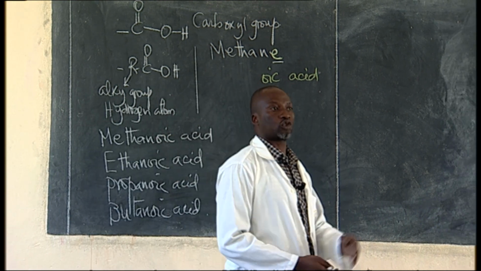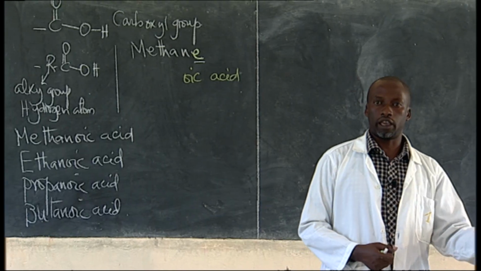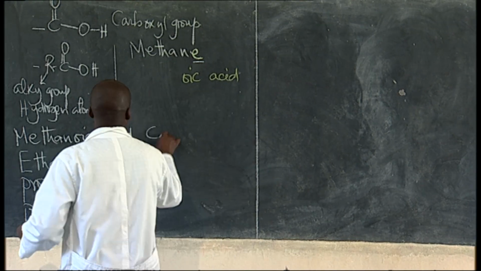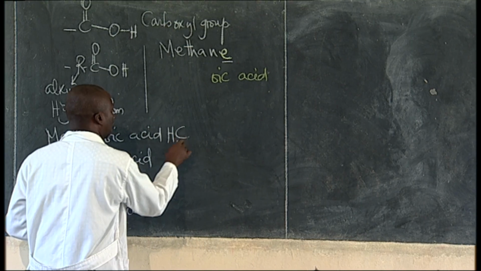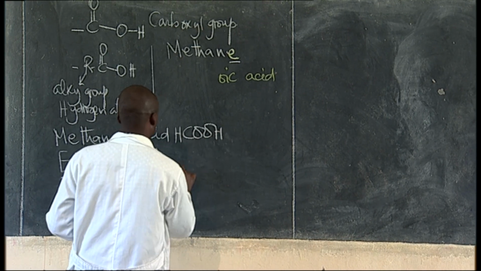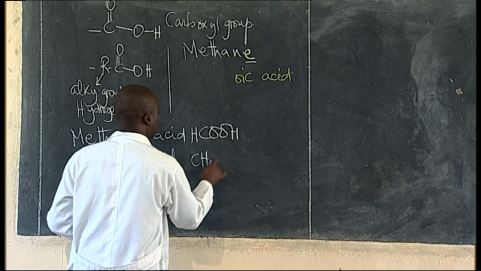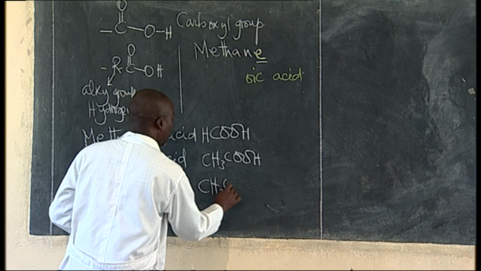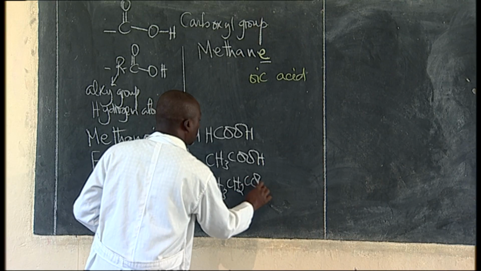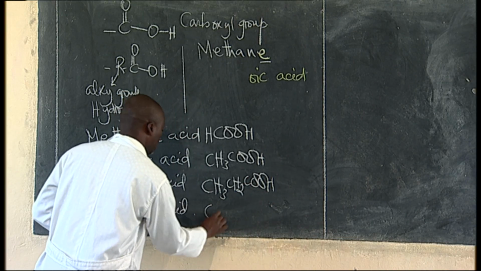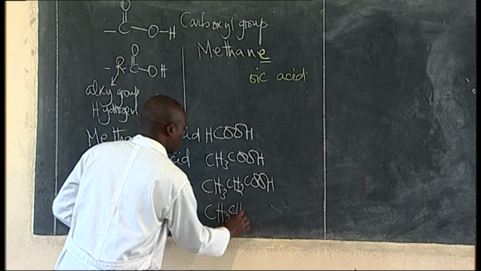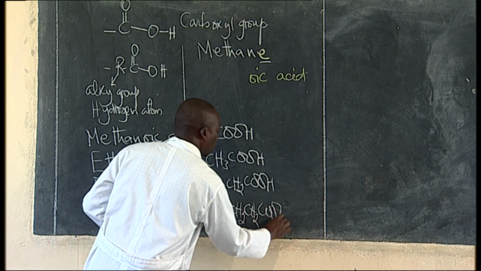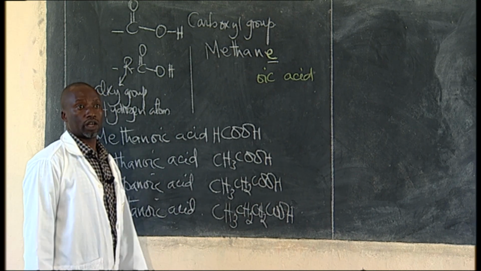These are the straight chain carboxylic acids, whereby this one will be methanoic acid, HCOOH. You'll have CH3COOH, CH3CH2COOH, that is propanoic acid, butanoic acid, and so on and so forth.